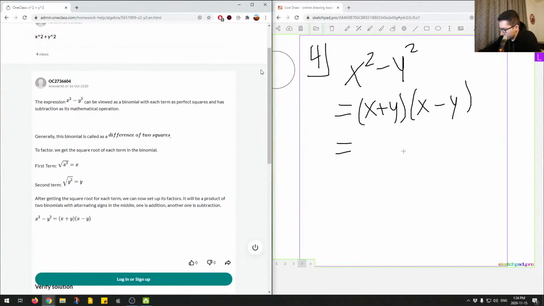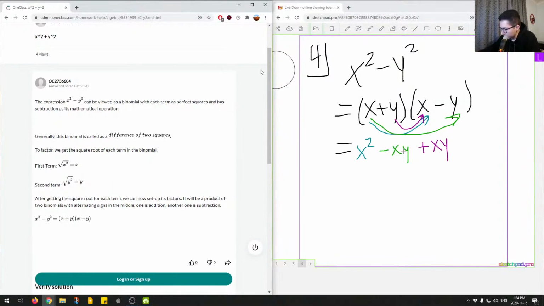So we can say first is x times x, which is x squared. And we have outside, which is x times negative y, which is minus xy. And then we have inside, so y times x, which gives us plus xy.